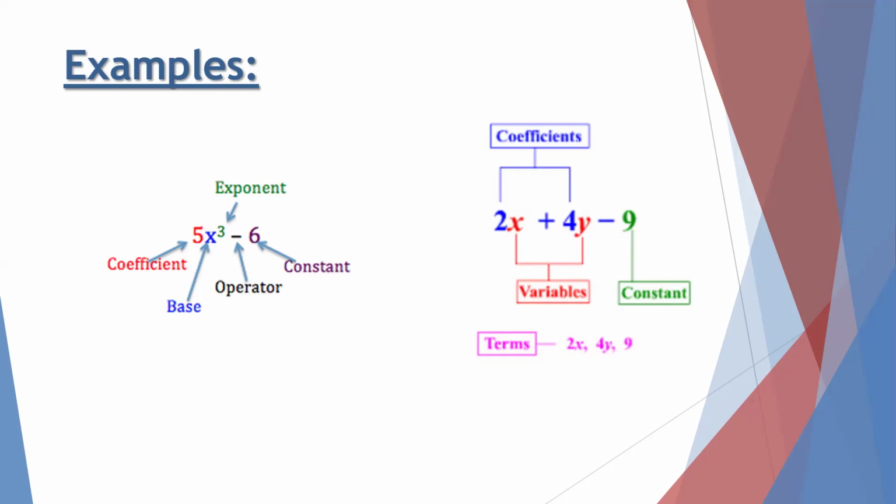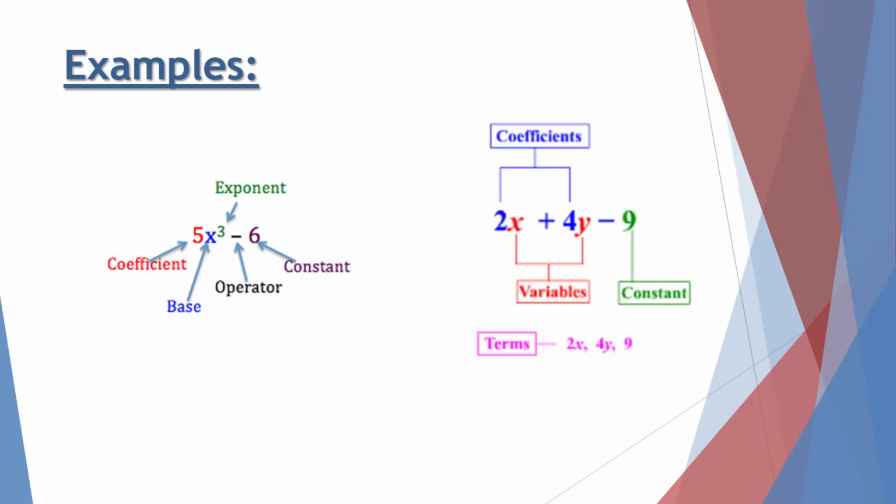X to the power 3: the power is raised to the variable x. So x is the base, 3 is the exponent. There is a negative sign used here, so the negative sign is the operator. Here 6 is a normal single digit number without any variable. So 6 is the constant.